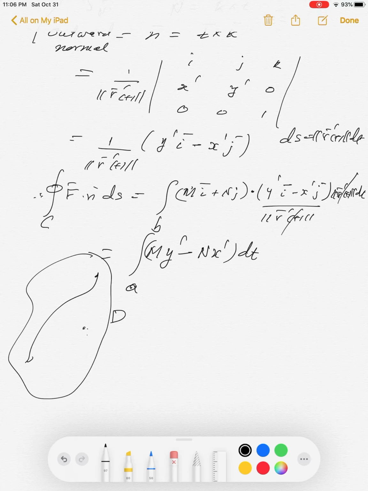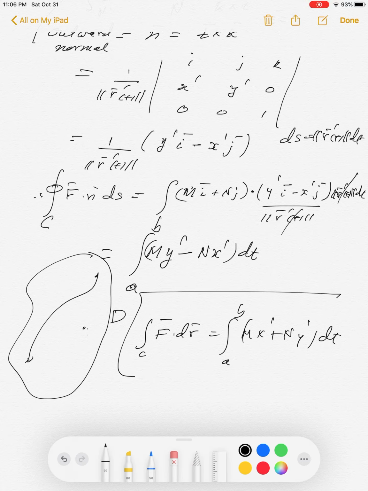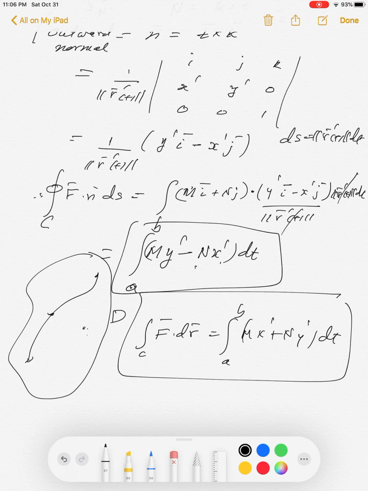So the idea is the following. Now you think of D, your domain, and the vector field F on D as a kind of turbulent fluid. Let me compare. The integral of F bar dot dr bar was just the integral of M x prime plus N y prime dt from a to b. And the flux integral is M y prime minus N x prime.